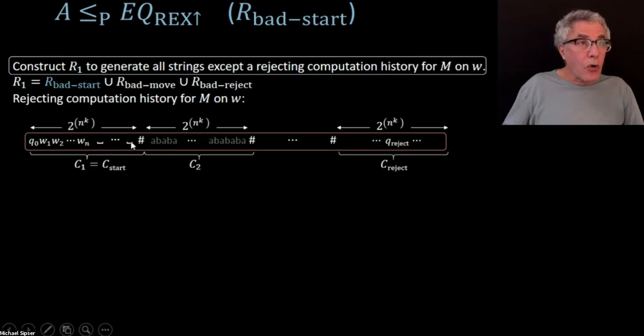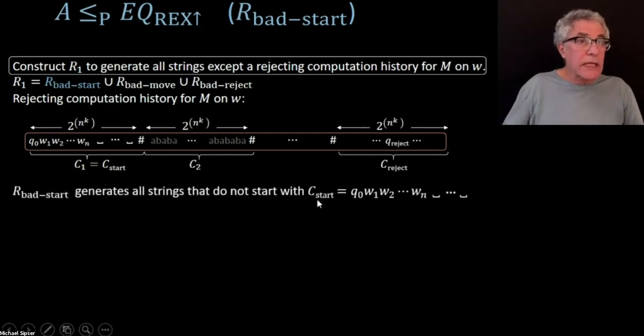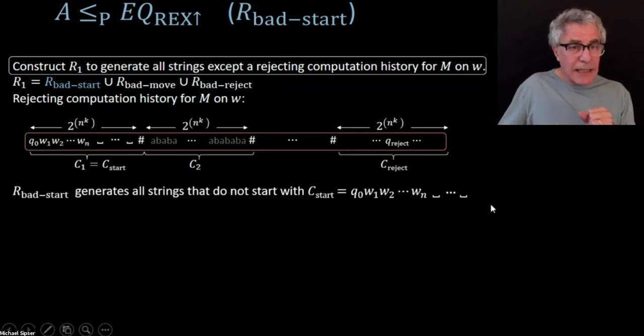So that's going to describe all strings that don't start with this C1. Let me write that out here. It's going to generate all strings that don't start with C1, C start, which as specified looks like this. So any string that doesn't start exactly like this should be described by bad start, that regular expression.